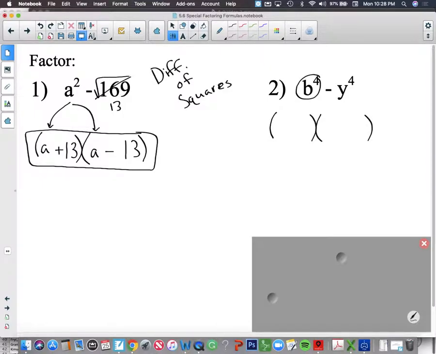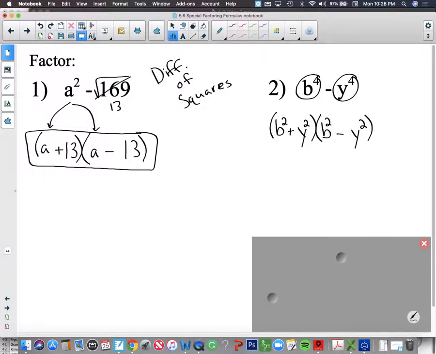Well, you should be thinking, I need a b squared and a b squared. So same kind of idea, what do I need to put in the back to get the y to the 4th? That would be a y squared and a y squared. So it's the same exact thing in both sets of parentheses, but one's going to have a plus and one's going to have a minus.